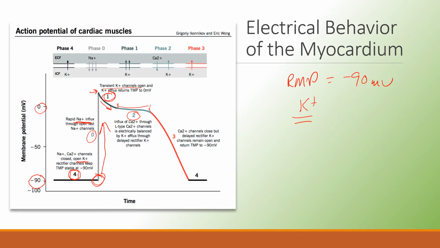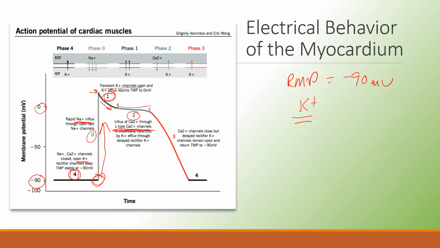Now the reason we have a plateau is that we have potassium leaving the cell at the same rate at which we are gaining calcium. So at this point, what we call specifically an L-type calcium channel has opened. That L-type calcium channel, when it opens in the membrane of the cardiac myocyte, is going to let calcium from the outside of the cell inside the cell, because there's a higher concentration of calcium outside of cardiac myocytes than inside.